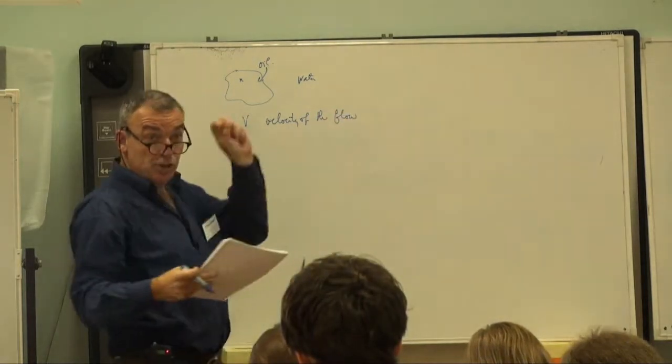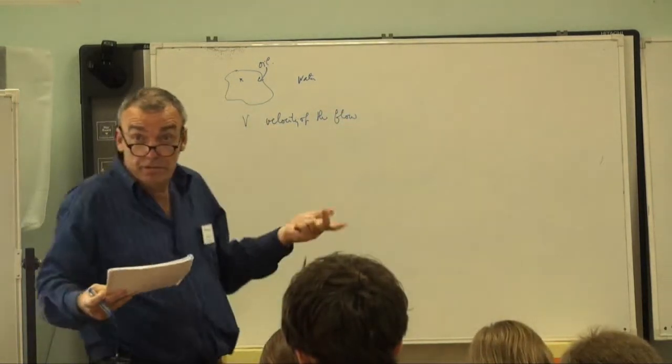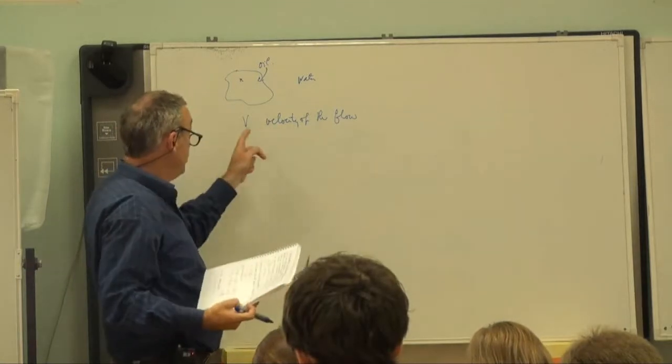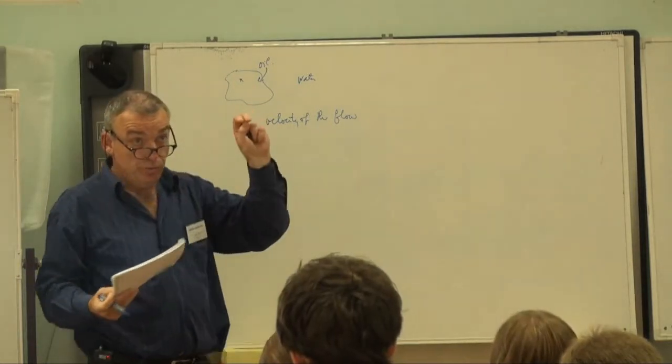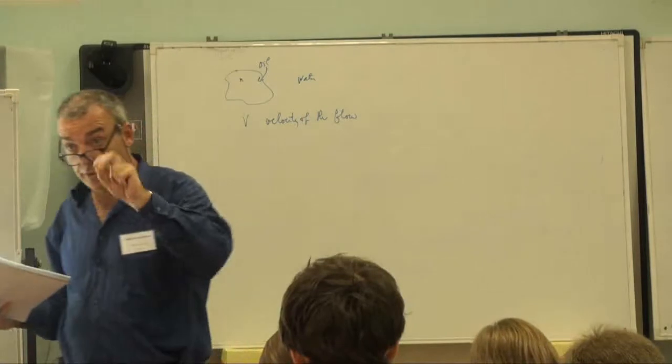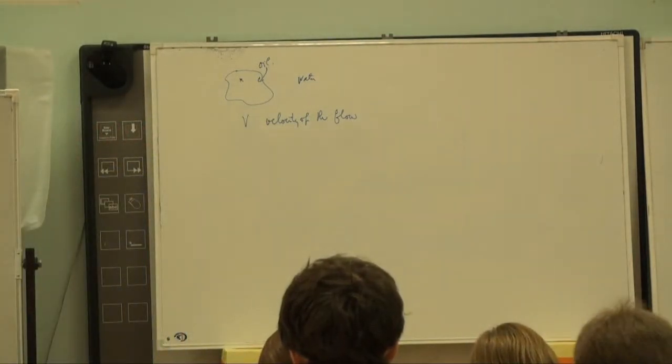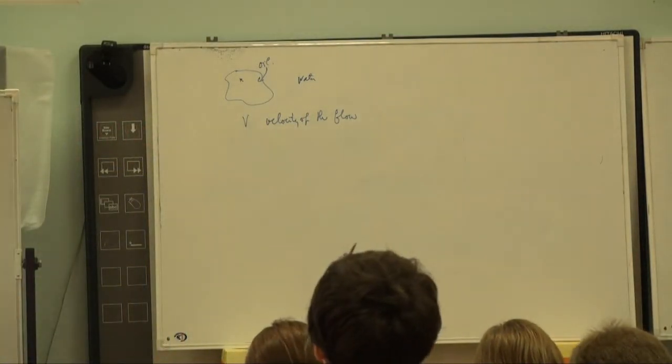That means that at each point we have a vector field. At each point you put the vector, which is the velocity of the flow at this point.